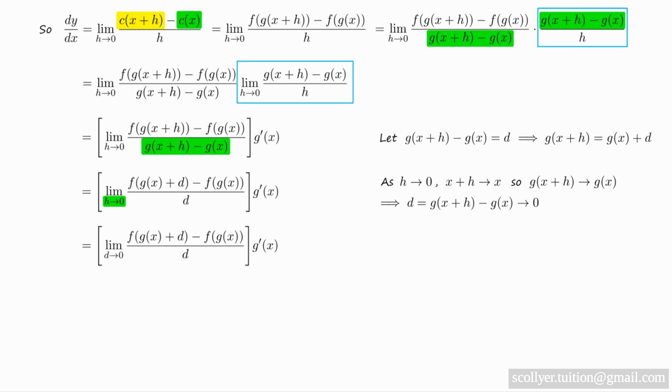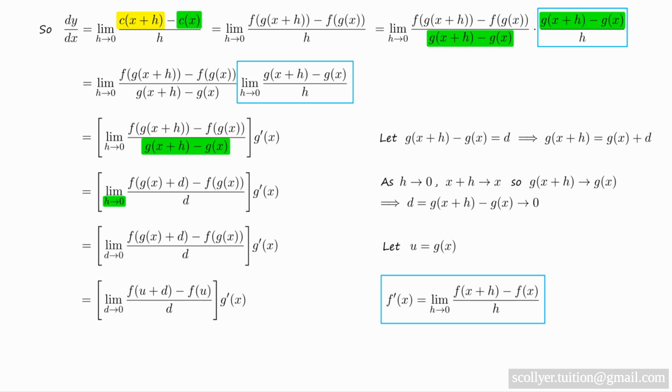And now the expression in the square brackets looks rather like f dashed, but we can improve on this by making the substitution u equals g of x to obtain the limit as d tends to 0 of f of u plus d minus f of u all over d.